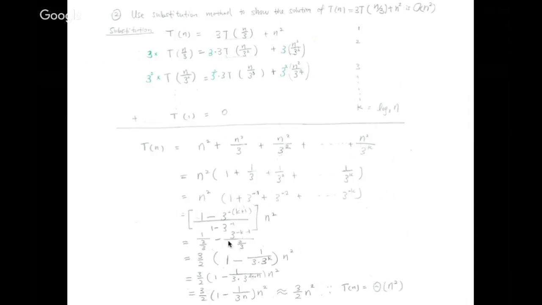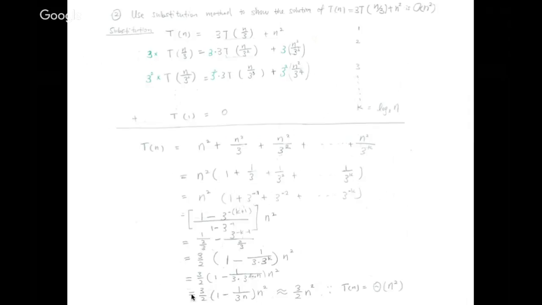Then we do more steps until we get 3 divided by 2, and then in the parentheses, we have 1 minus 1 divided by 3 to the power of n. Then we multiply by n squared.